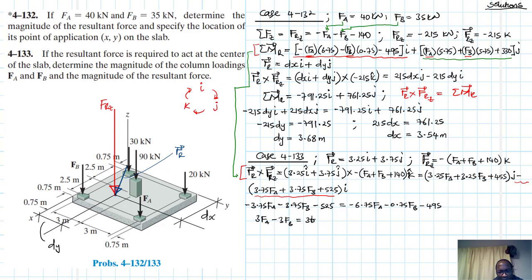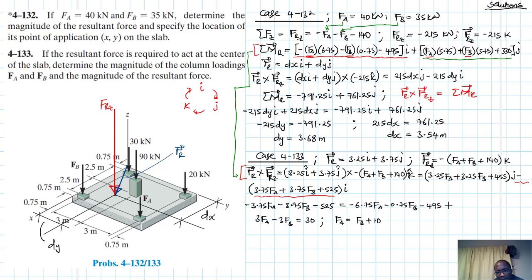We have a 30. So let's simplify this. We can write our FA as equal to FB plus 10, right?